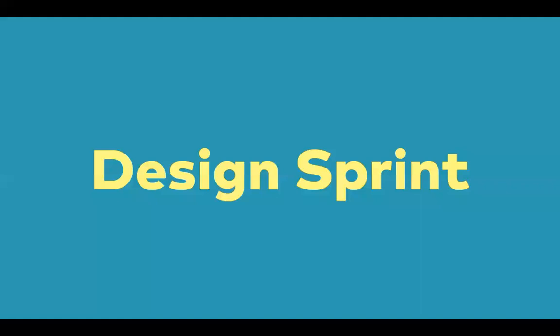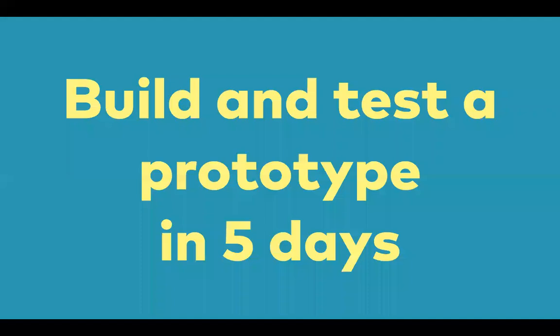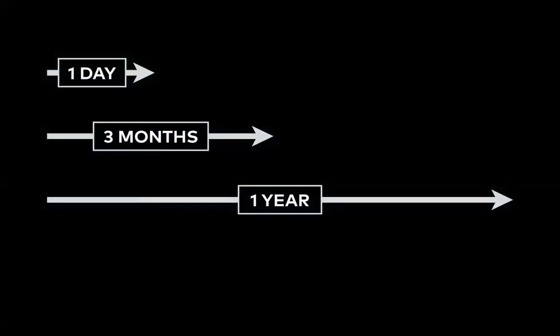But most importantly, Jake was doing something that he called a design sprint. It's a process that he had created at Google. And the essence of the design sprint was to build and test a prototype with customers, and to do it in 5 days. And so when I learned about this, I got really excited because I had been through this process in my career where I had seen the design process get slower and slower and slower.